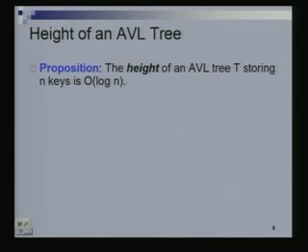If its height can still be as bad as n minus 1, I have not gained anything. So I would like to say something like its height is no more than log n or some such thing. This is what we are going to prove in the next few minutes: the height of an AVL tree T, which has n nodes in it, is only order log n. Let's see why this is true.